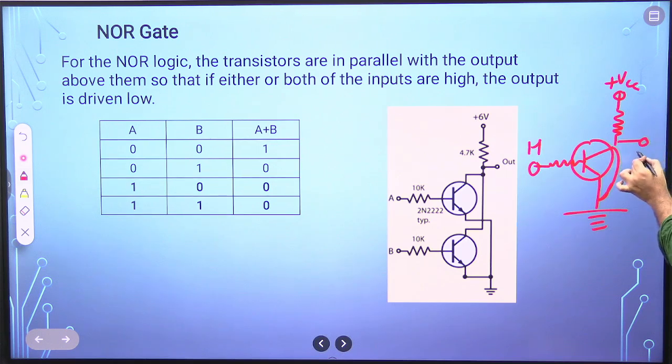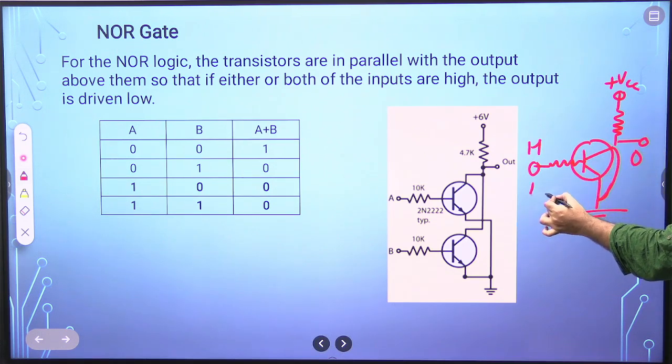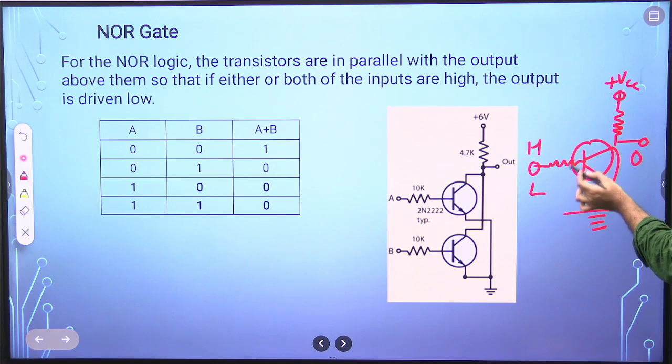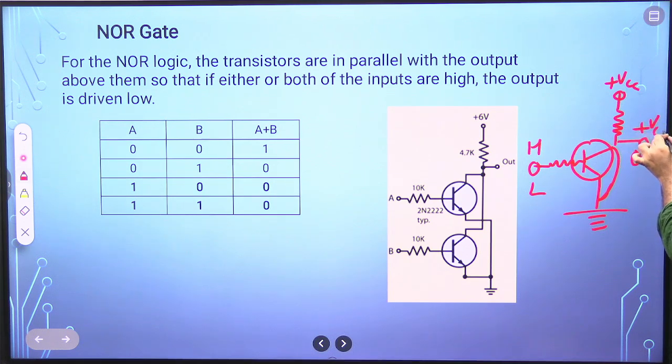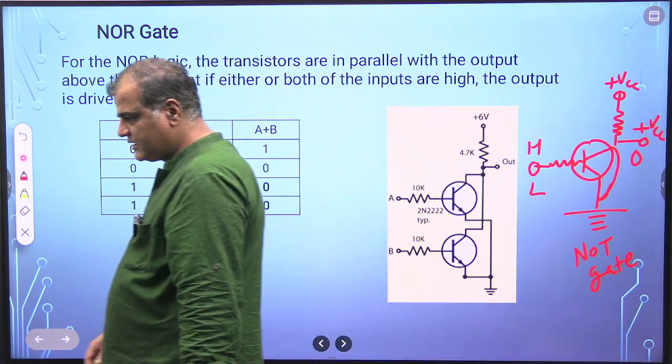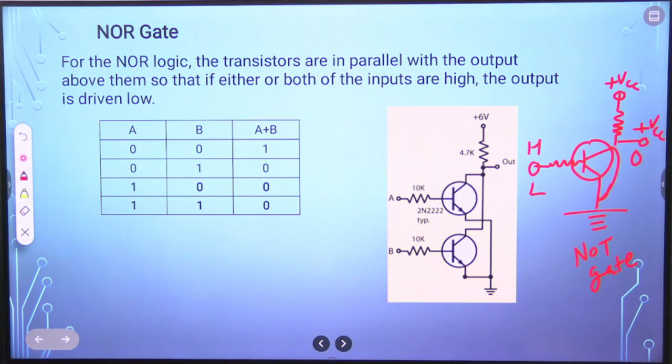Similarly, if this is low, then current will not flow, so VCC will come directly here. So this is your NOT gate. A single transistor works as a NOT gate, which is very important and will be very useful. Earlier we did cut off: when the transistor is in the cut-off region, if the input is 0 the output is high.